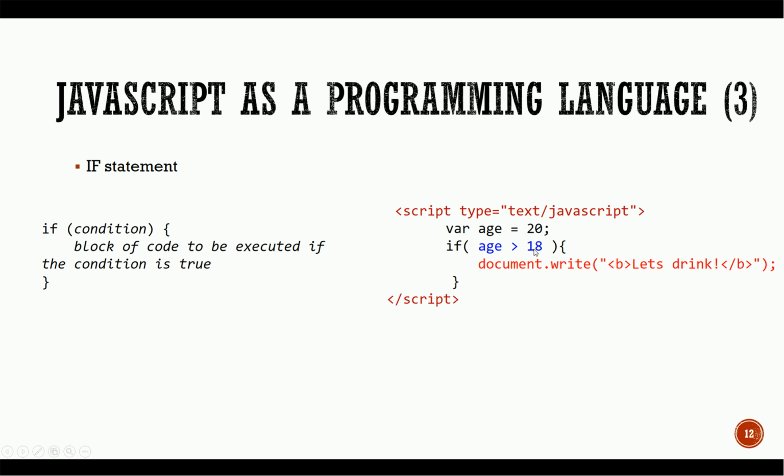If it's larger than 18, we will write down in our HTML part a string. In this case, because we already assigned the value 20, this appears to be true. The boolean expression appears to be true, and that's why we actually execute the document write statement. But normally the value of age comes from some other place, and it will be checked here.